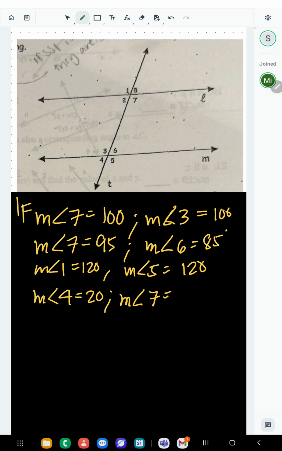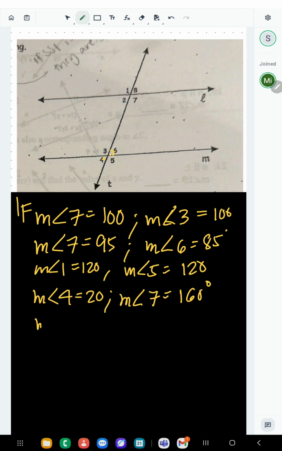Angle 7 and angle 6 are same side interior angles, so they add up to 180. But angle 6 and angle 4 are vertical angles, so angle 6 is equal to angle 4. So that means 160. Yeah, it's 160.